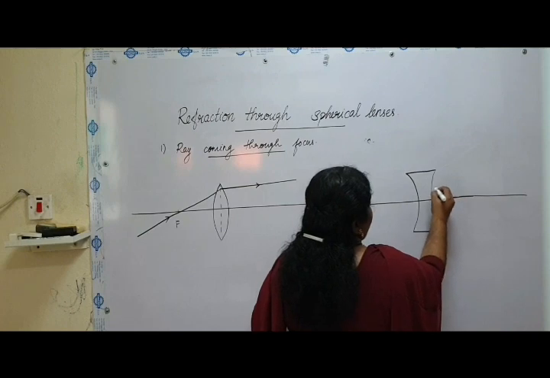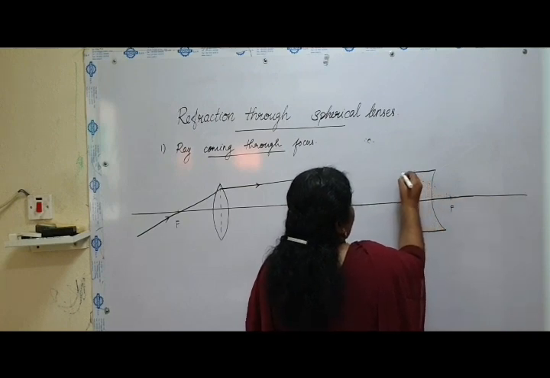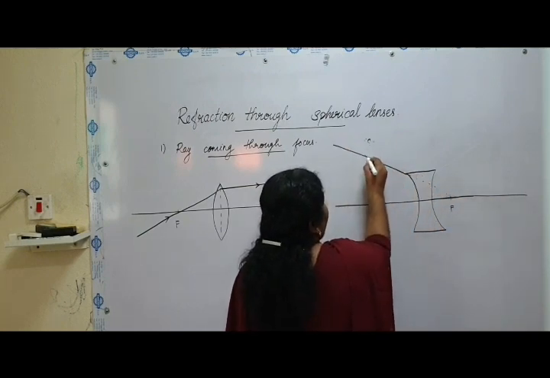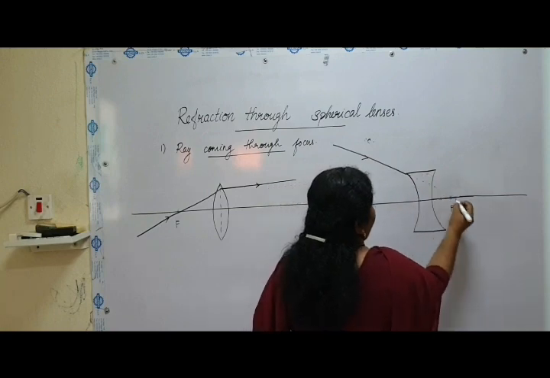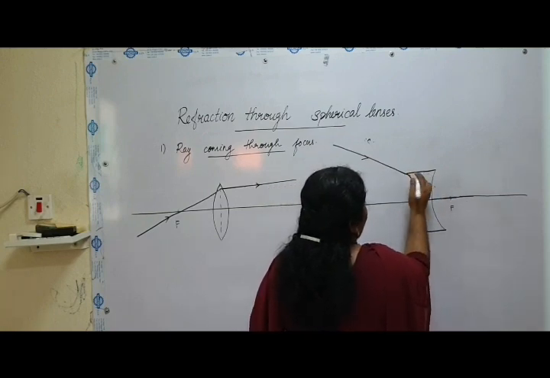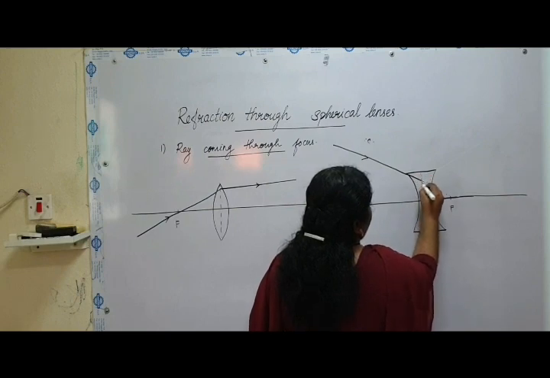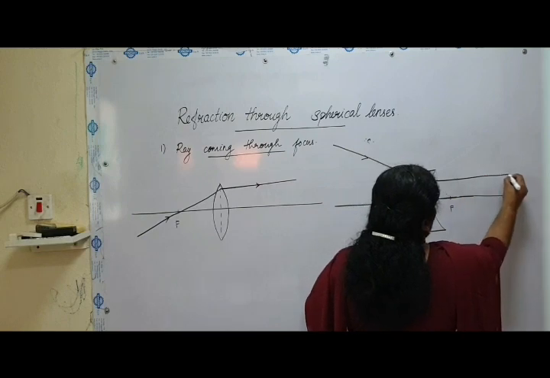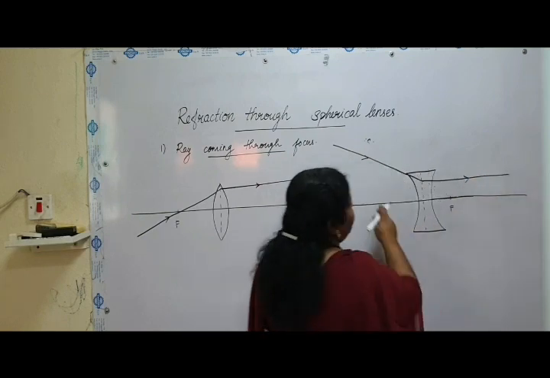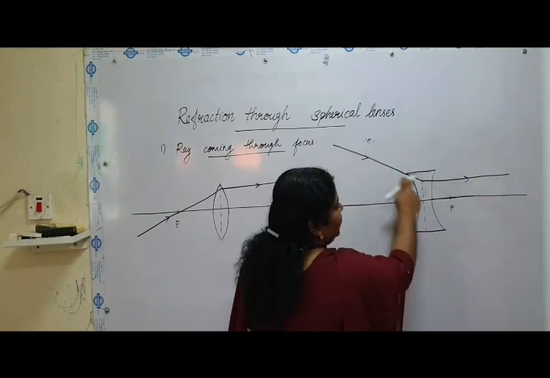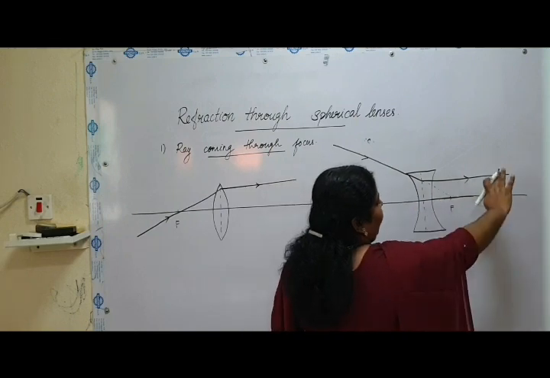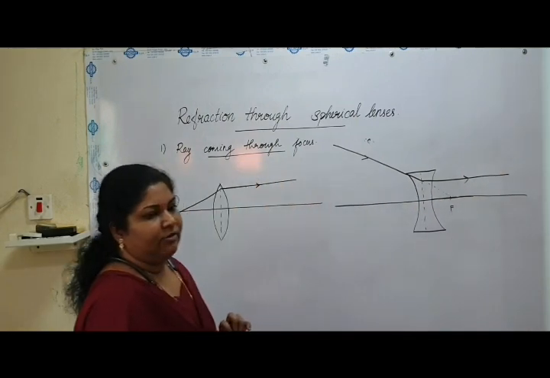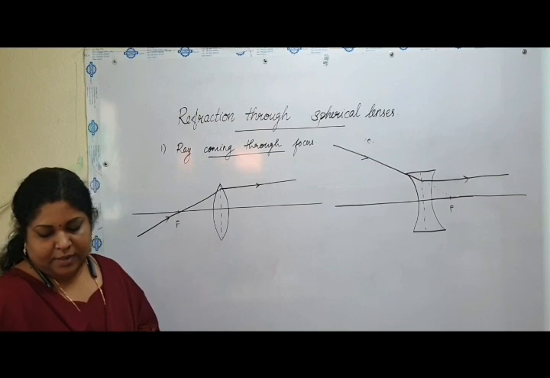So I will just draw a straight line here. So a ray which is pointing to this focus. Here you can see that after refraction it will go parallel. So here you can see it is pointing towards that focus and it will go parallel after refraction. That is the second type of ray.